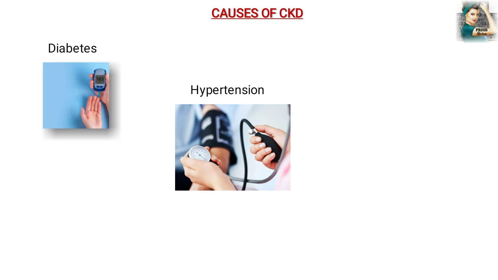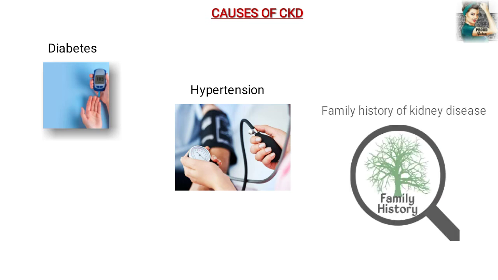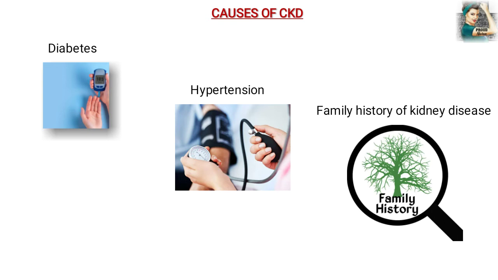It also damages the walls of the blood vessels, which also impairs the blood flow to the kidneys. The next is family history. If a person has a family history of kidney disease, he is at increased risk of getting this. The others include pyelonephritis and glomerulonephritis.